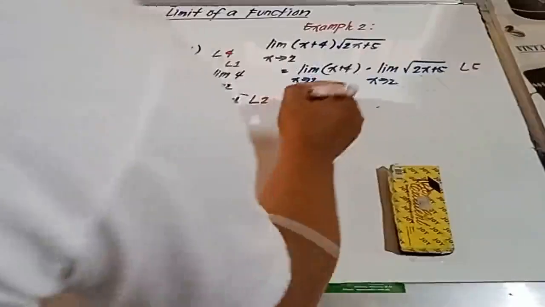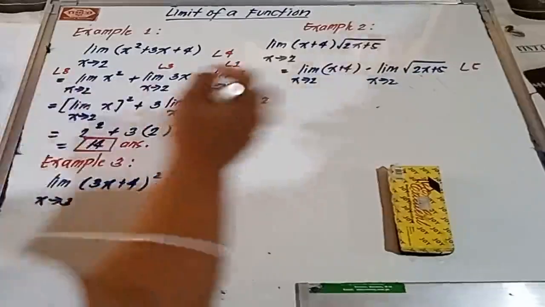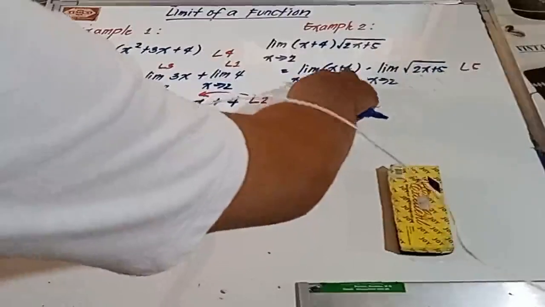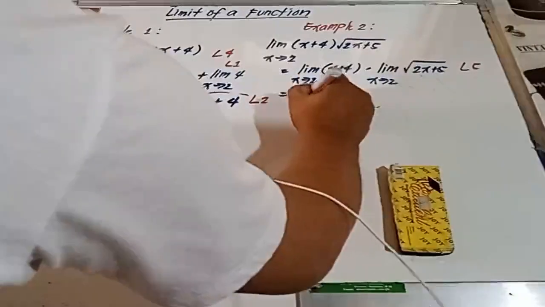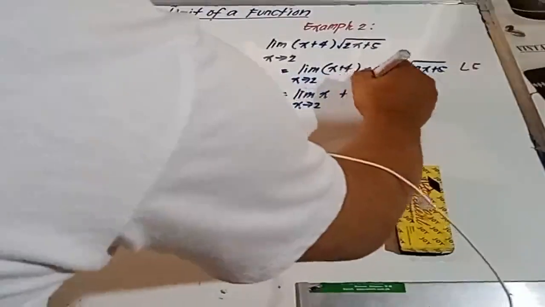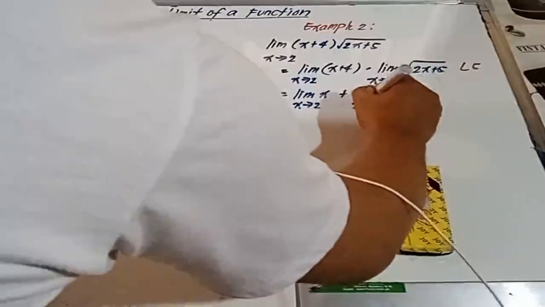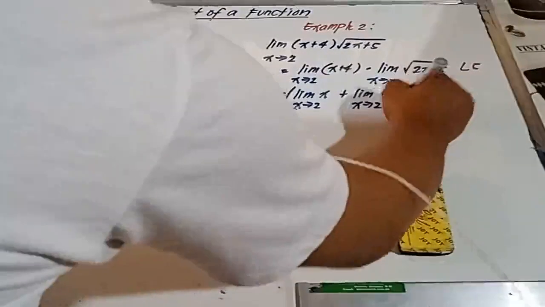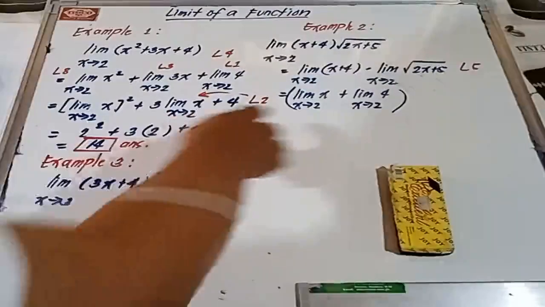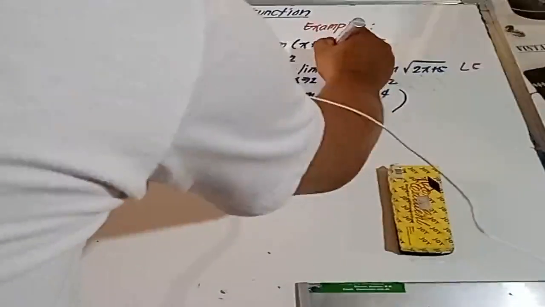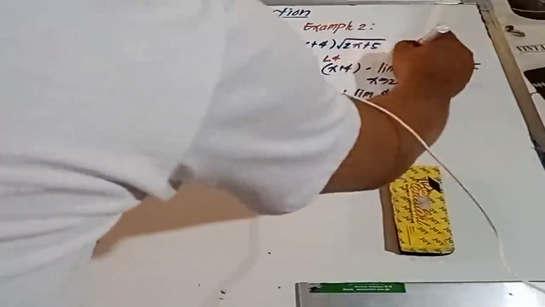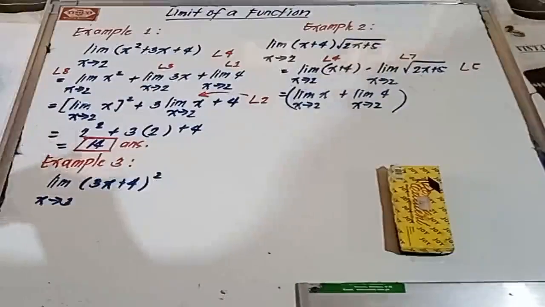And then we're going to use limit number 4, which is the sum, for this one: the limit of x as x approaches 2 plus the limit of 4 as x approaches 2. Times, gagamitin ko naman dito is limit ng radical, which is limit number 7.